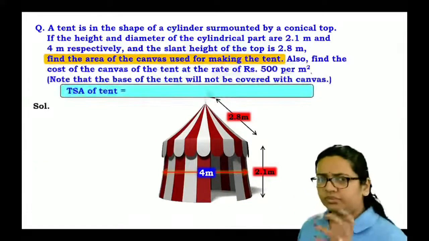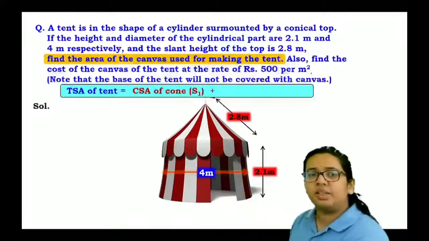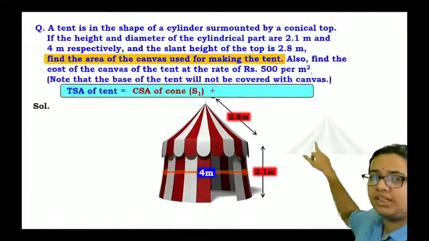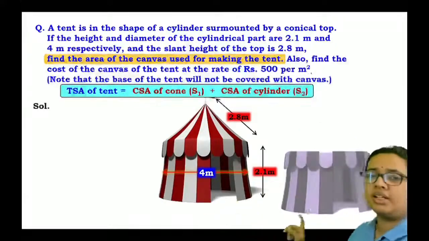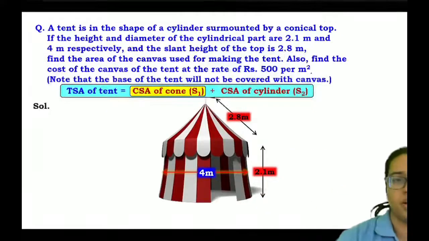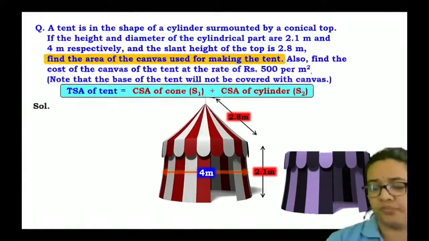See, here the total surface area of the tent is nothing but the curved surface area of the cone, which is something like this, and the curved surface area of the cylindrical part, something like this. Okay.